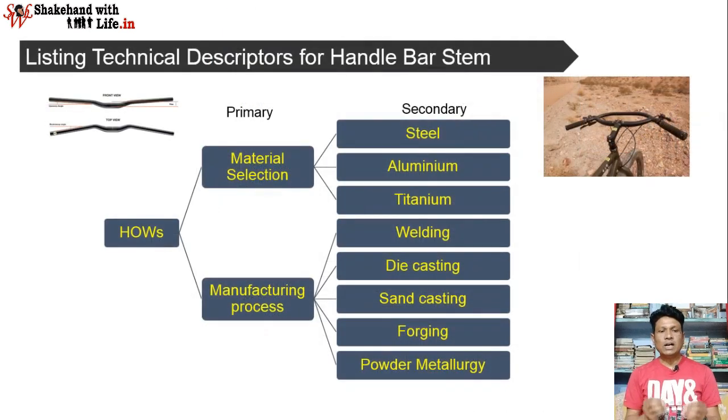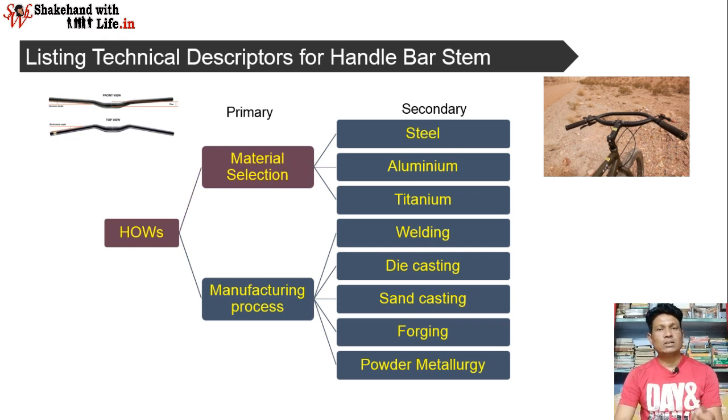So now to list the technical descriptors for handlebar stem, we again use the tree diagram. The technical descriptors are also known as HOWs, and at primary level we have two options. One is material selection, that means the organization has to select the best material to manufacture the handlebar stem.